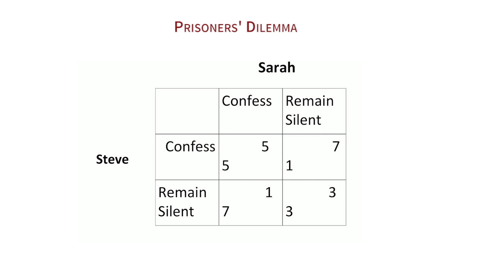Now, if somehow they could get together and agree that we're both going to remain silent, and Sarah says, I'm not going to confess, Steve says, I'm not going to confess either, so they are able to cooperate with each other and come to a commitment, then they're better off in the lower right-hand picture because they both get 3.